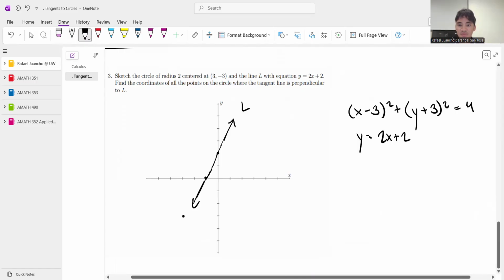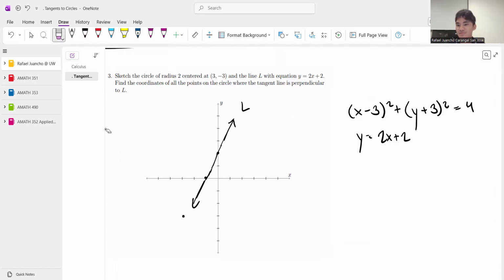Okay, yeah, I'm messing this up. Okay, this one now I got. This is 3, minus 3. Yeah. Okay, sorry about that.